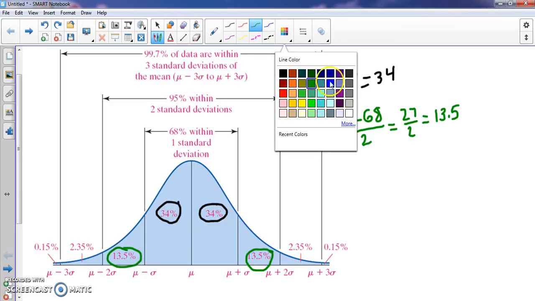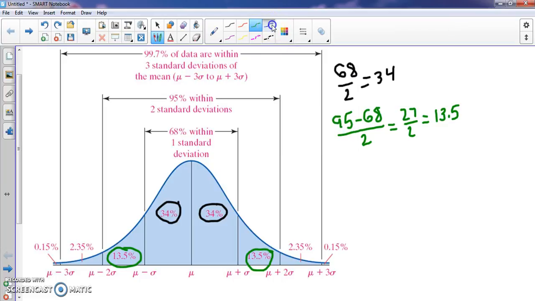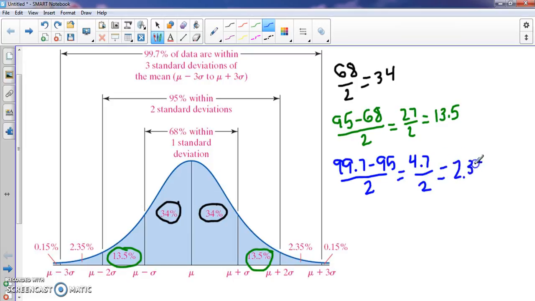We'll just go with blue. So 99.7 minus 95, right? Divided by 2. 4.7 divided by 2, and that leaves us with the 2.35, for both of those.